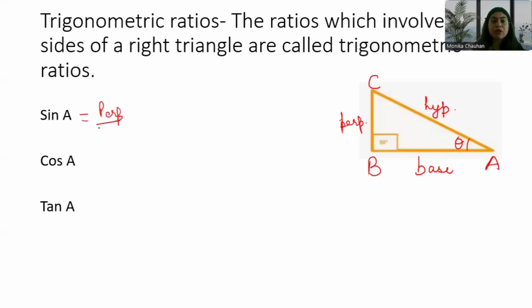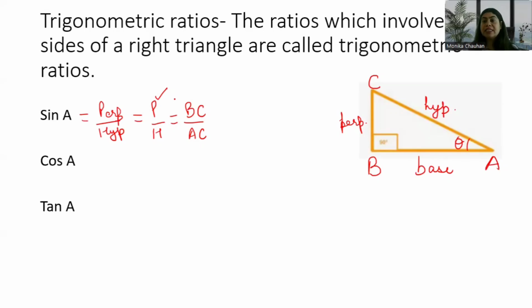You will always remember perpendicular upon hypotenuse, you can say P upon H as well. Sometimes people remember perpendicular as BC, the side's name, and hypotenuse as AC, so BC upon AC, that is also fine. But always remember P upon H, perpendicular upon hypotenuse.